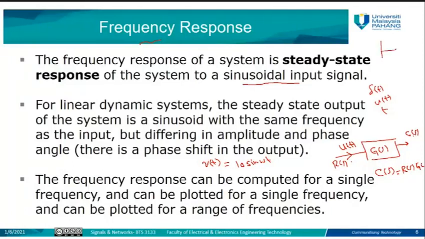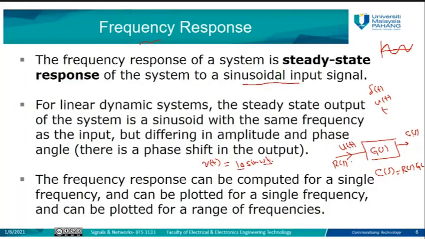Since it's sinusoidal, the value of the voltage will change with time. Sometimes it is the peak value, maximum positive value, maximum negative value. Sometimes it is 0. Sometimes it is in between 0 and the maximum value, and so on. So this value has a magnitude, which is 10, and it also has phase.